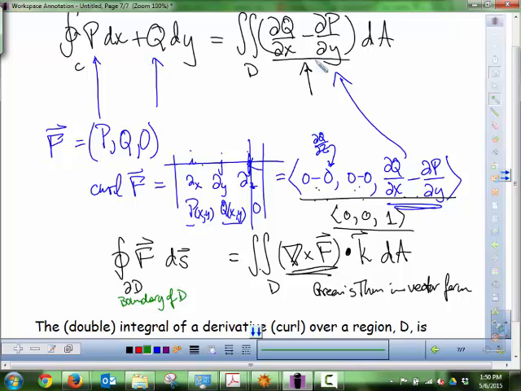And later on, you'll see that the two things that are equal to each other are working together. Each problem depends on which one of those sides is going to be easier to compute. So there might be sometimes in the worksheet that you were working on, a lot of times a double integral is easier to compute than the line integral.